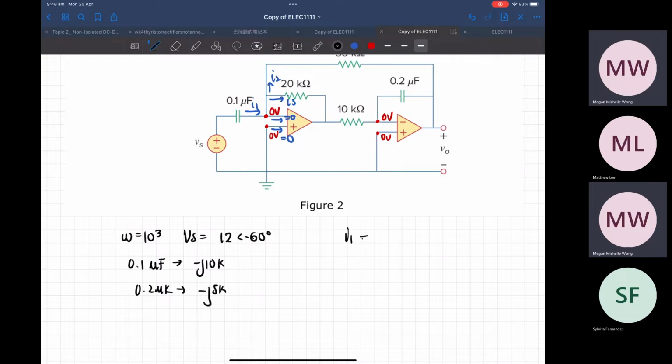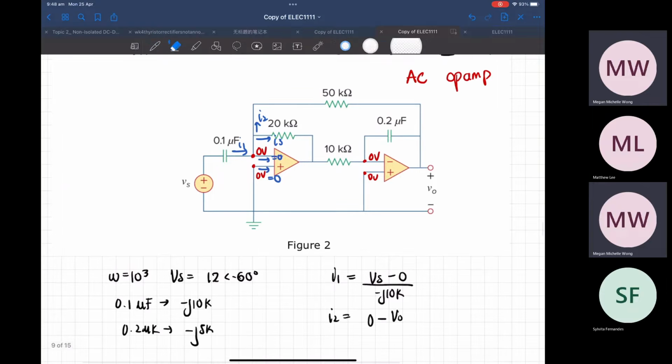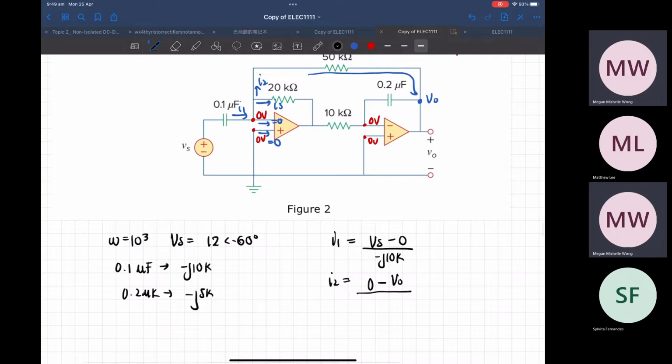So I1 is equal to Vs minus 0 over minus 10K. And then I2 is equal to 0 minus V out, because it goes all the way here, and this is your V out, over 50K.